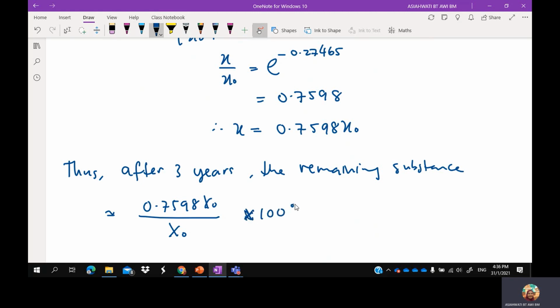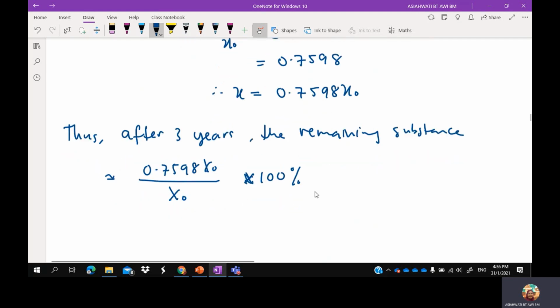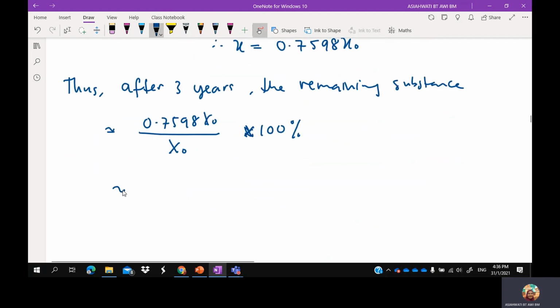Then it can be simplified to 76%. So the answer is 76%. Done.